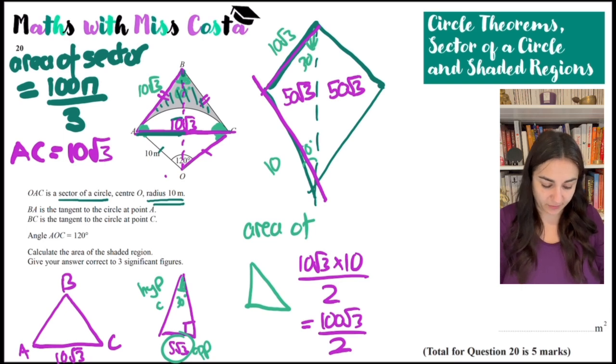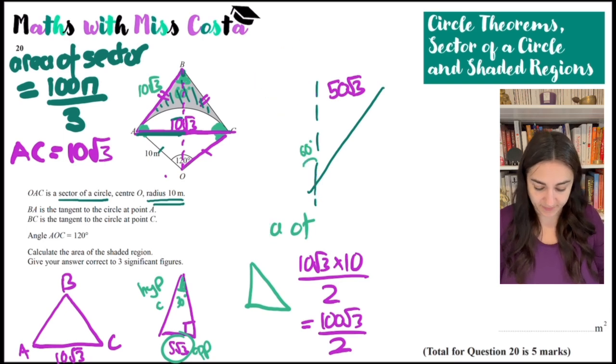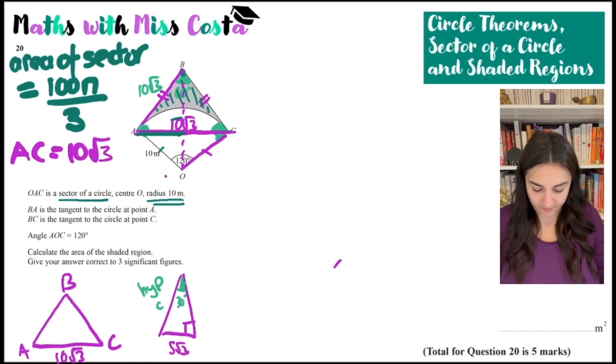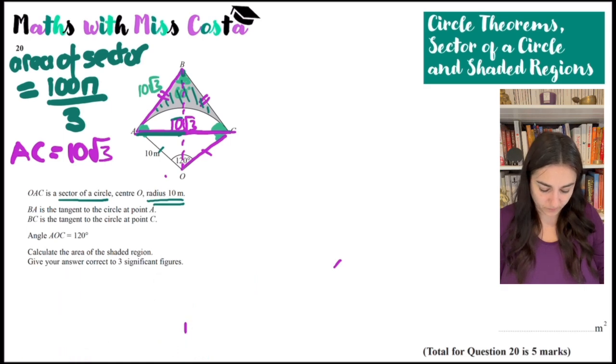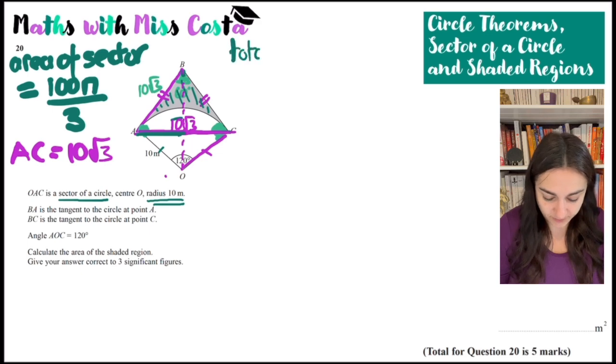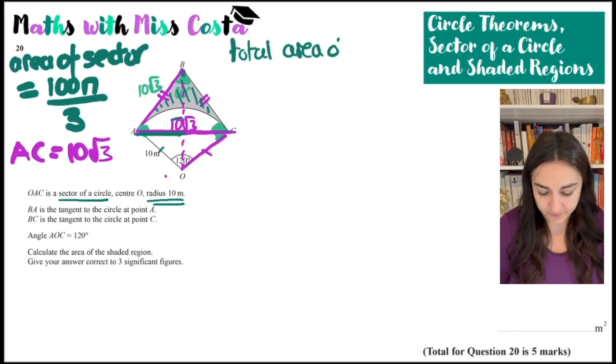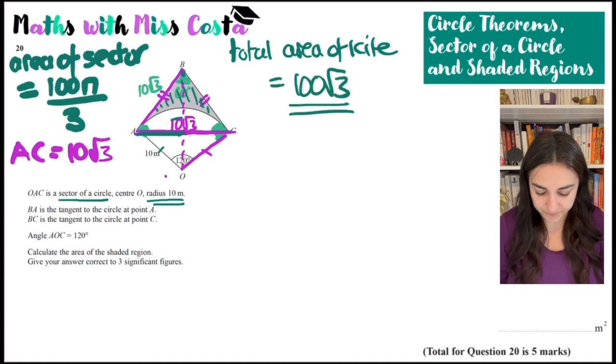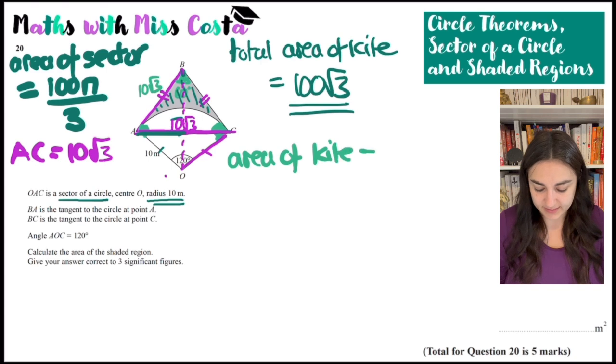So the total area of the kite, let's write this here, the total area of the kite is 100 root 3. How do I work out the area of the shaded region? I do area of kite, take area of sector.